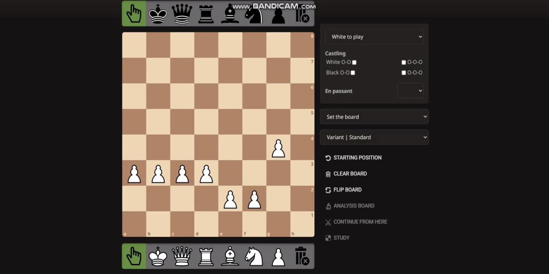Let's say the opponent pawn is here. Then I have to capture this. So we just write G, cross meaning capture, G cross and then F5.